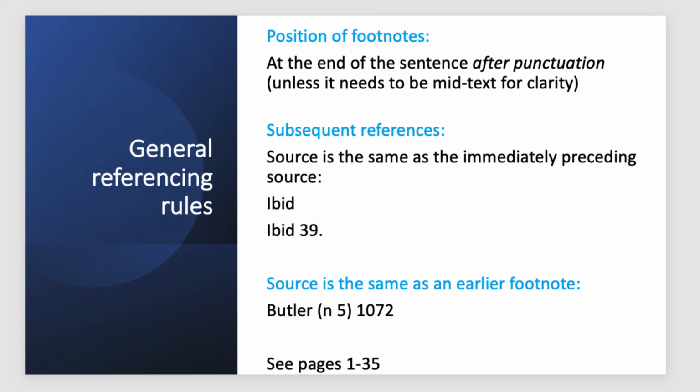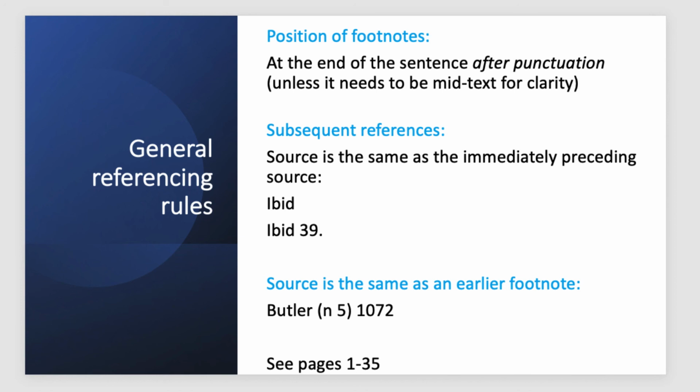Where you have previously cited a source in your paper, but the reference is not the immediately preceding footnote, we cannot use IBID. So for example, if you're about to enter the referencing for footnote 10 and you're using the same source as that which appears in footnote 5, you can't use IBID because it is not the footnote immediately above. In this situation, you would use the format that's set out at the bottom of the slide.